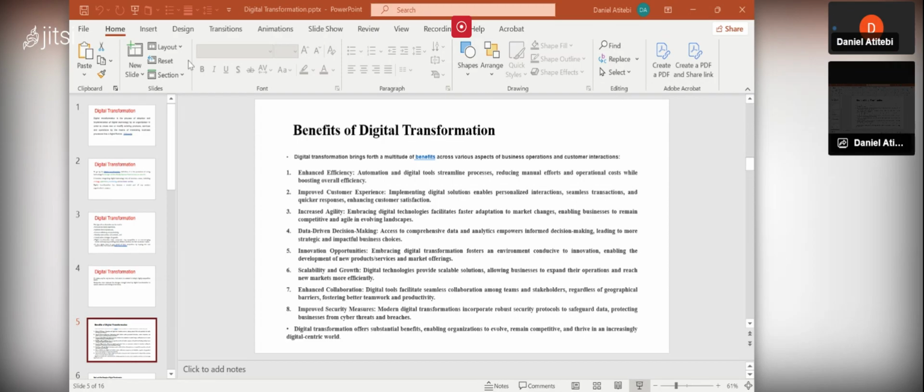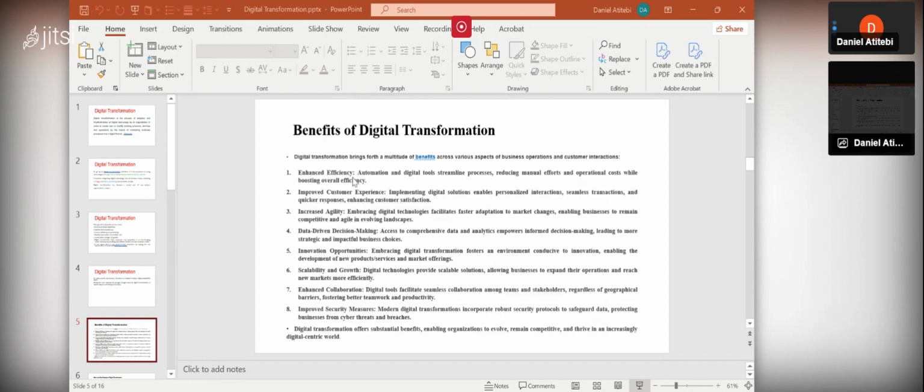One of the benefits of digital transformation is that if you adopt it for your service management, it helps you to improve customer experience. Implementing digital solutions enables personalized interaction, seamless transaction, and quicker responses, enhancing customer satisfaction.